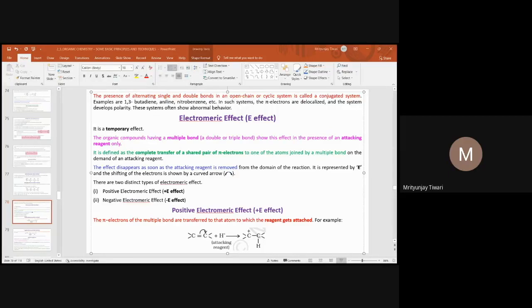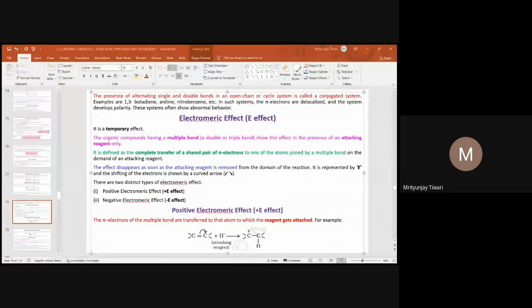Now let us go back to what we were looking at, and these are the things that we have already seen. So again, this point: when inductive and electromeric effects operate in opposite directions, the electromeric effect predominates, because in the electromeric effect we see a complete transfer of electrons, while in the inductive effect we see only a partial transfer of electron density, meaning only partial charge distribution happens.